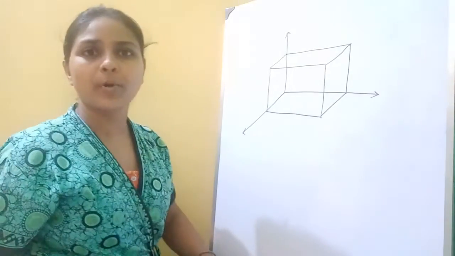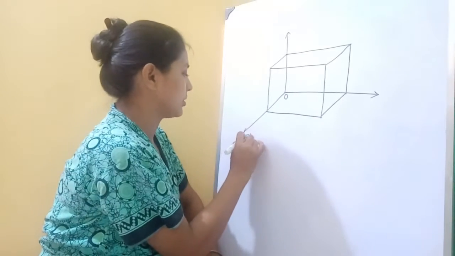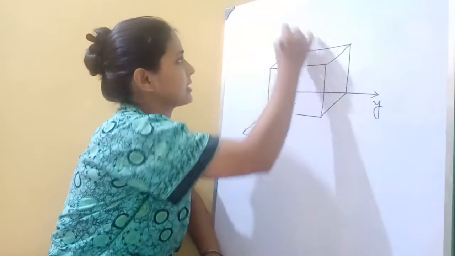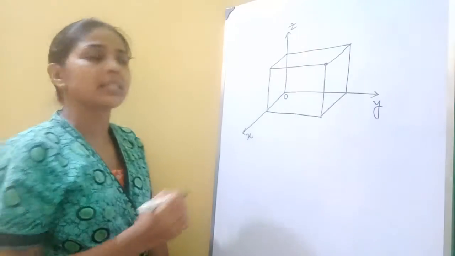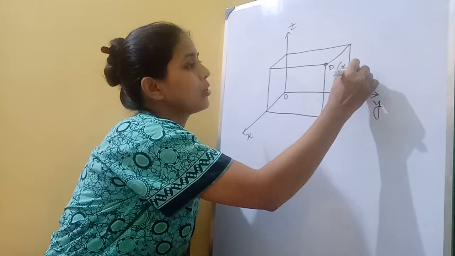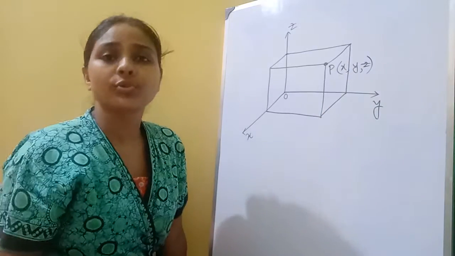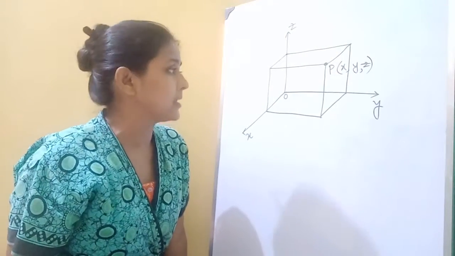So this is the cuboidal shape. This is the origin O. This side is the x-axis, y-axis, z-axis. This point in space is P, a general point, whose coordinates we are taking as x, y, z.